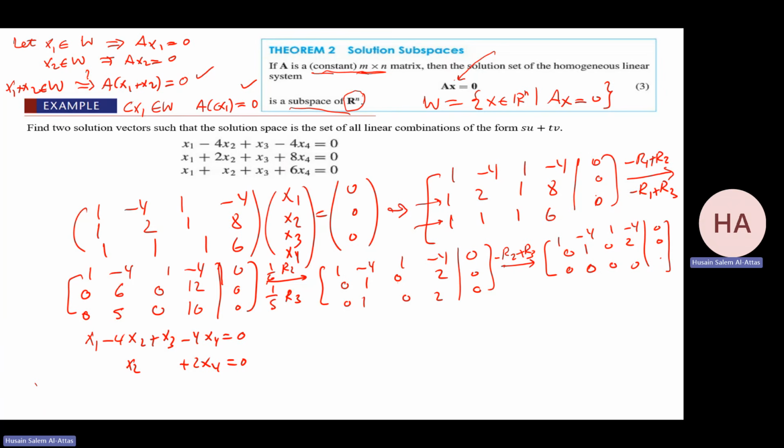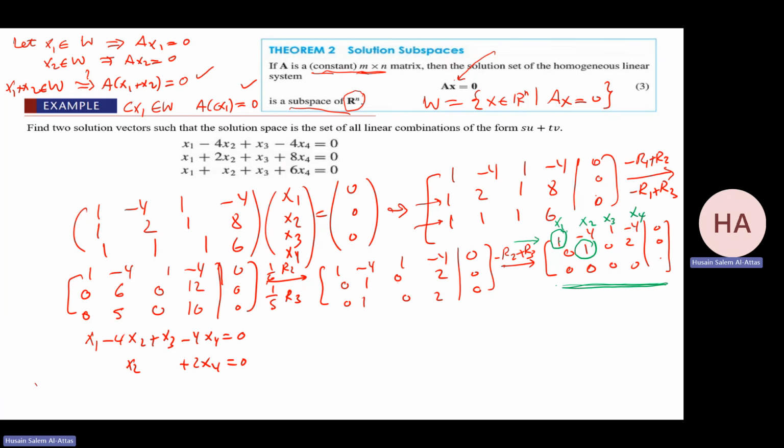After writing this in row reduced echelon form, you need to distinguish two things. Go to the first row. I need the first element which is non-zero, or 1, so it will be this one. Go to the second row. The first non-zero element is this one. Don't forget, this is x1, this is x2, this is x3, this is x4.